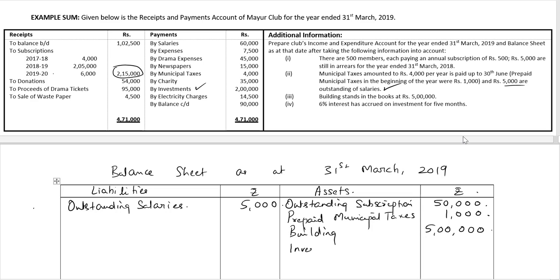We'll write both the investment as well as the accrued interest. Investment amount, we've made an investment this year of rupees 2 lakh. And the accrued interest on investment, ₹5,000.